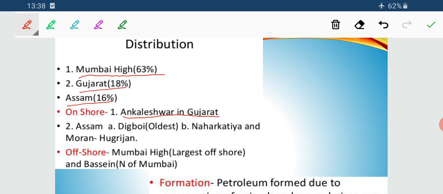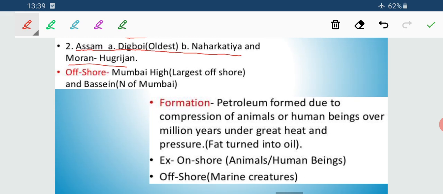The one located on the coast we term onshore. So Ankleshwar in Gujarat, and Digboy, which is the oldest, Naharkatia, Moran-Hugrijan in Assam, these are onshore, located on the shore. And the ones not located on the shore or coast, that is Mumbai High, are offshore. Bassein is also offshore.